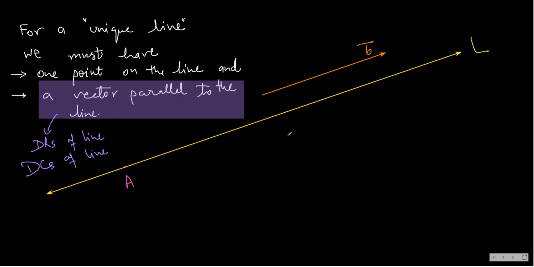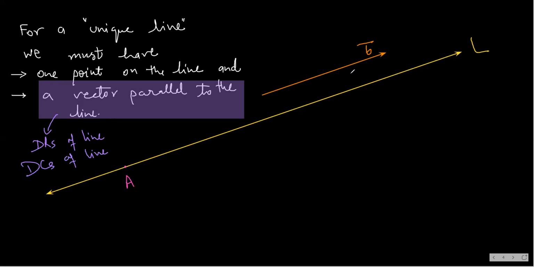Ultimately, why do we need this vector parallel to the line? Because that gives the direction to the line, that determines the orientation of the line. With the help of this vector I understand in what direction the line is, and with the help of this point I understand where the line is. If I don't have this point, I have only the direction, then I will only be able to draw lines parallel to b bar.